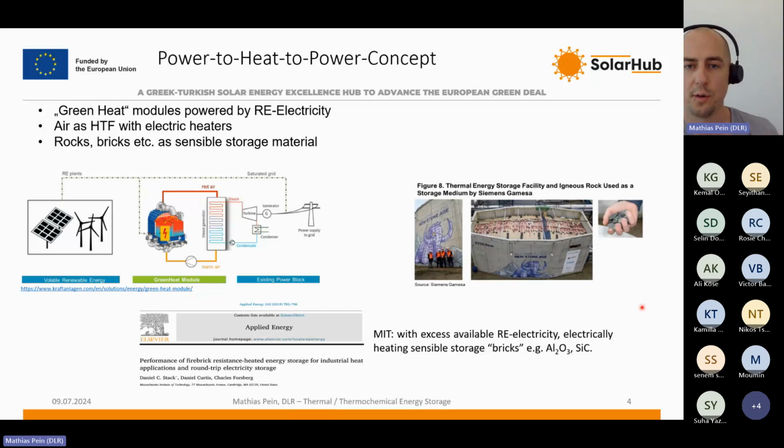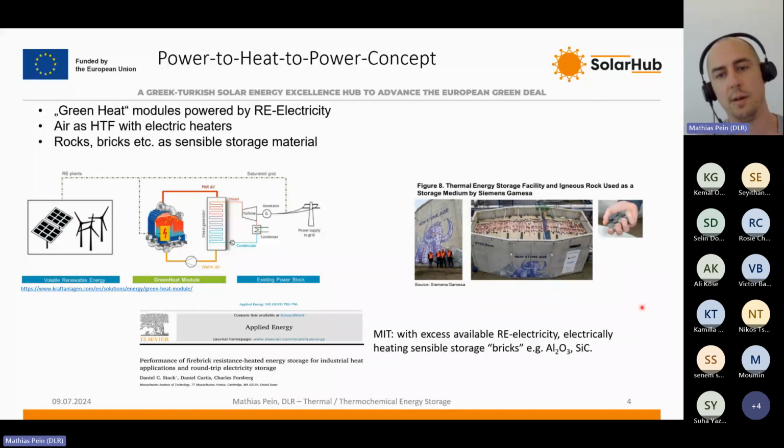And there are big players involved as well, such as Siemens, who are working on big storage mediums and big storages to make these industrial processes more feasible, and to supply heat and power on demand, instead of basically only when the sun is shining or when the wind is blowing.